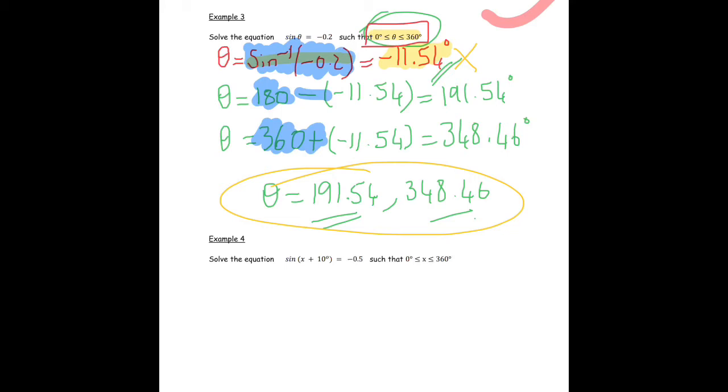For sine angles, alternatives are given by going up in 180 degrees, subtracting the first time and adding the second time, then subtract, add, and keep going, alternating between subtracting and adding your original angle. And so the two solutions are 191.54 degrees and 348.46 degrees.